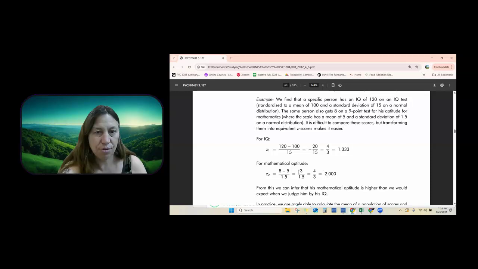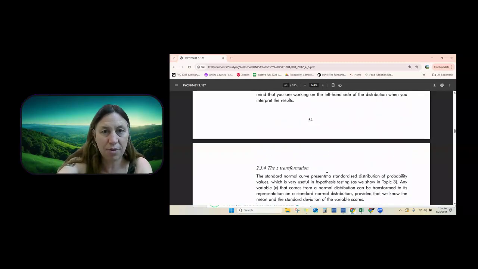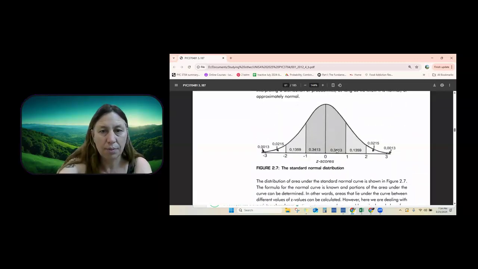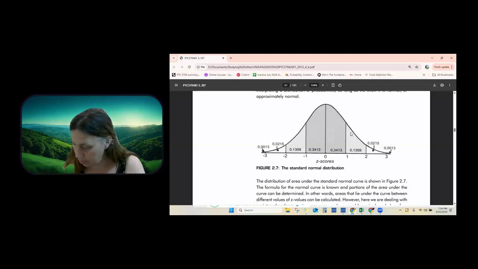That's 3 over 1.5, which is 2 standard deviations, which is super bright. That's within the top 5% of the population, because remember that 95% of people will fall in here. His mathematical intelligence is over here, and his general intelligence is over here. Very nice for him or her.